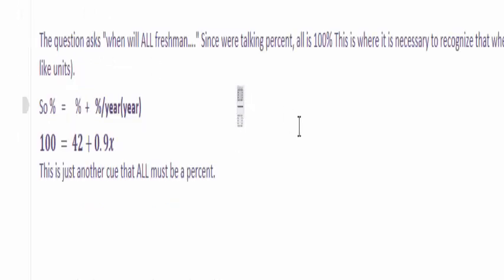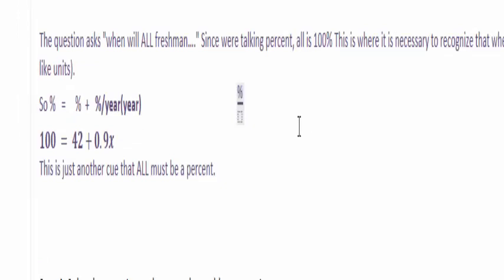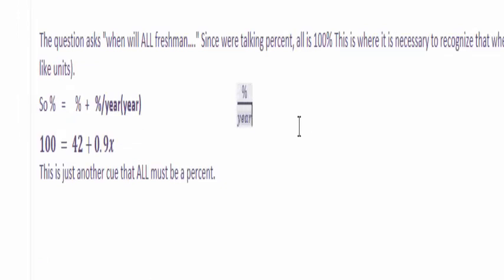So 0.9 is a percent per year, which means percent divided by year, and then we're going to multiply that times the number of years. Our unit for that is year, and then we can cancel year for year, and then all we're left is percent.